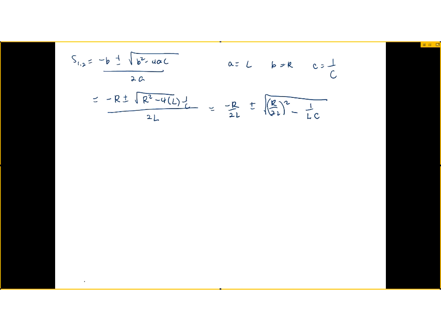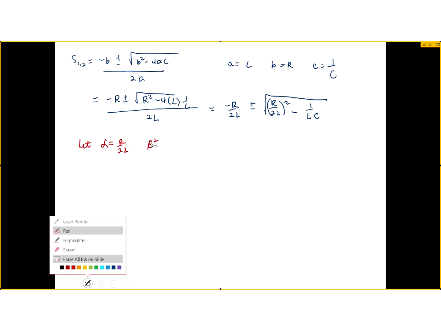Okay. Now, just for ease of remembering this, I will let alpha be equal to R over 2L, and omega naught squared, the book didn't use beta, the book uses omega naught squared, is equal to 1 over LC.